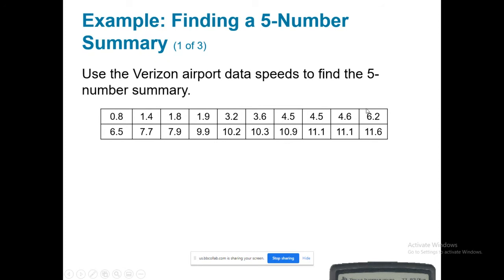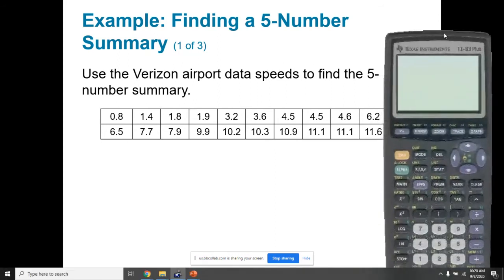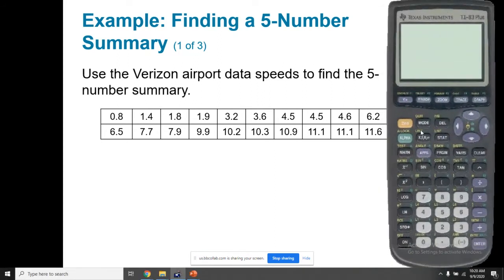So here's our process. We're going to put these values in as list 1, and we're simply going to compute the 1 variable statistics. Within that 1 variable statistics, it should give us the 5-number summary.